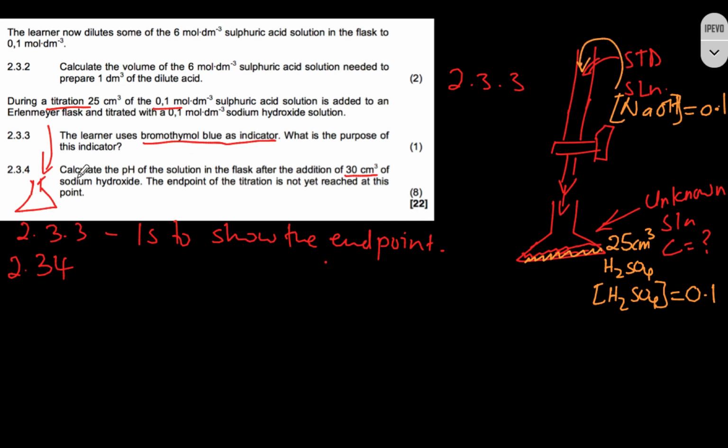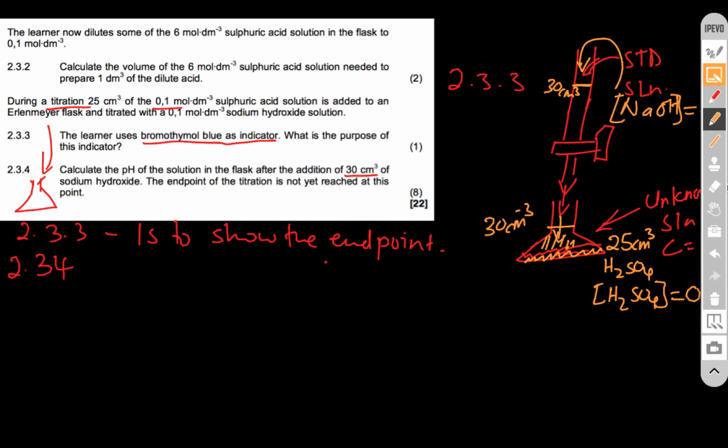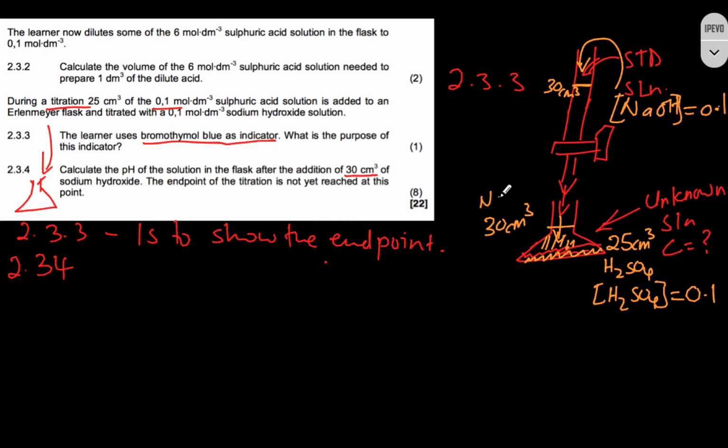Now they say we should calculate the pH of the solution in the flask after the addition of 35 cm³ of sodium hydroxide. So in other words, let's say here they just put exactly 30 cm³. That means when they added, the volume increased, right? They added 30 cm³ of the sodium hydroxide. Here is sodium hydroxide that was added in there.